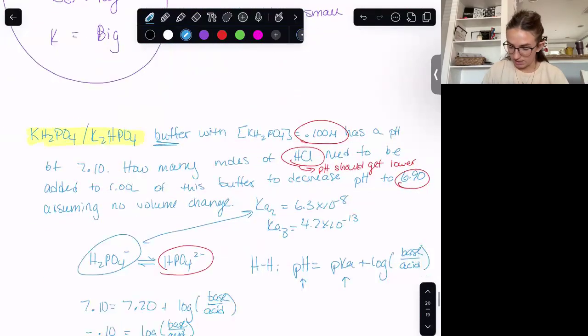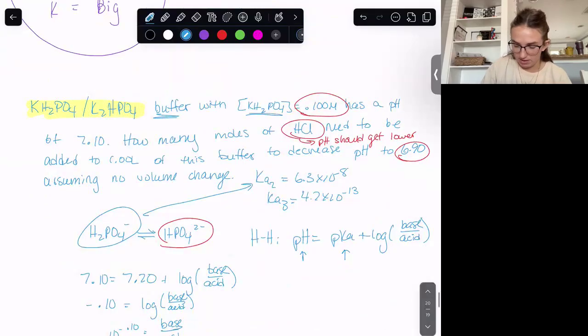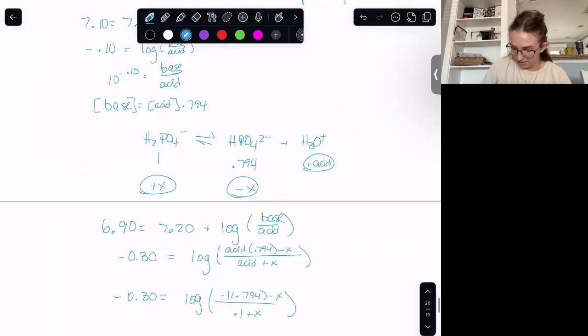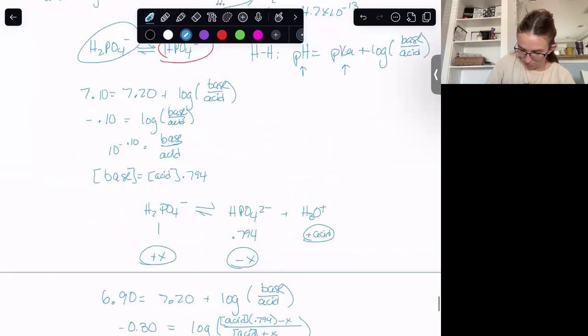It was given to us in our question: we said that the KH2PO4 is equal to 0.1 molar. So this is your acid concentration here, 0.100 molar from the question.